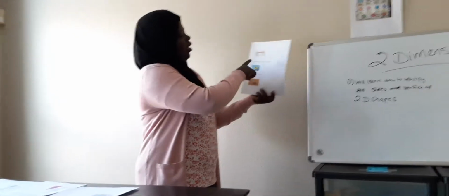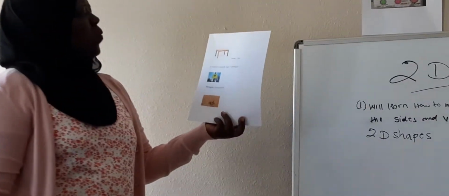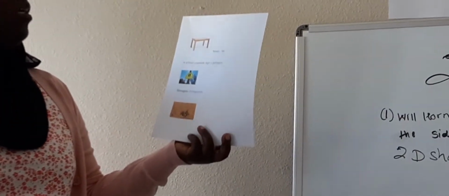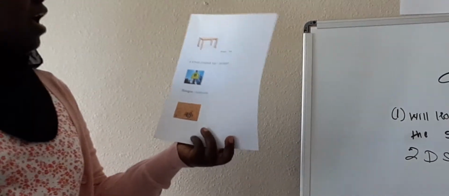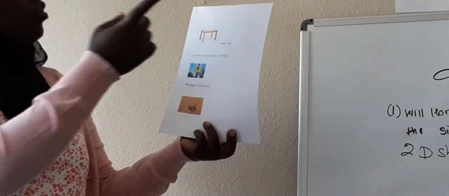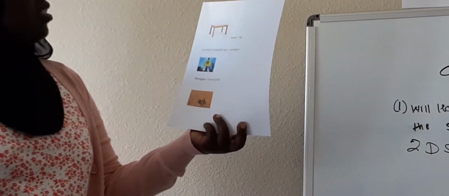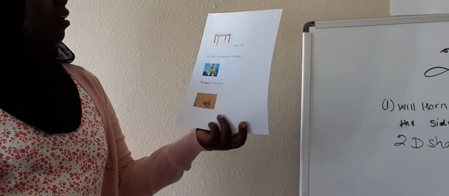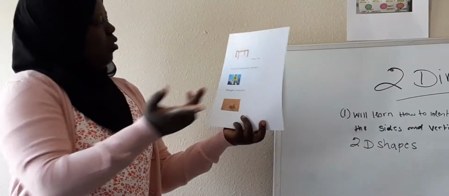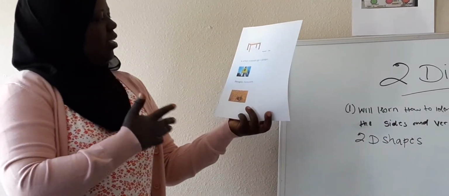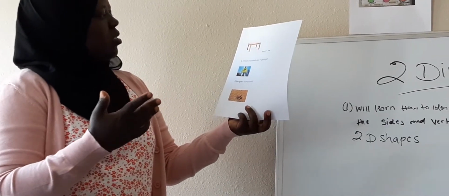So like a table here, you can see, I wonder what this looks like. You'll be like, it has two long sides and two short sides. So what could it be? You'd be like, okay, we learned a rectangle has two long and two short. And when you go to school, you will also see a crosswalk sign.